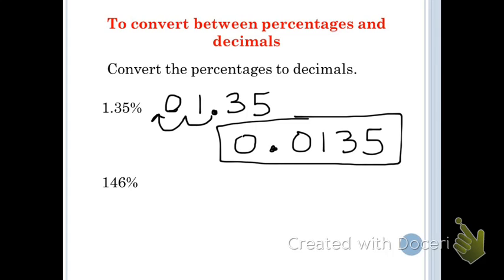Drop the percent sign. We don't see a decimal, so we know it's behind the 6. We're moving the decimal 2 to the left. So 146% is equal to 1.46.